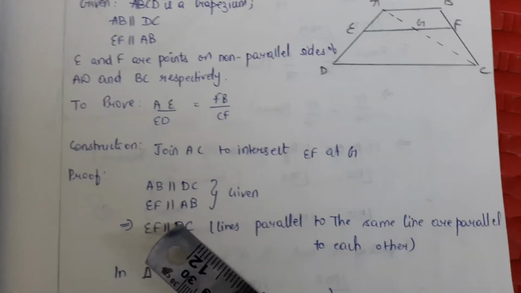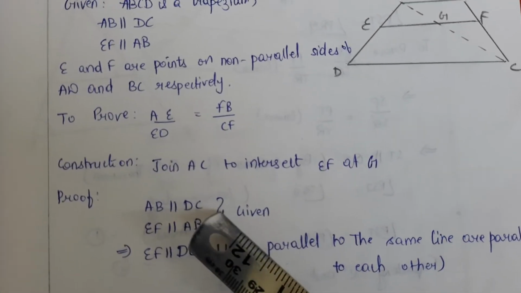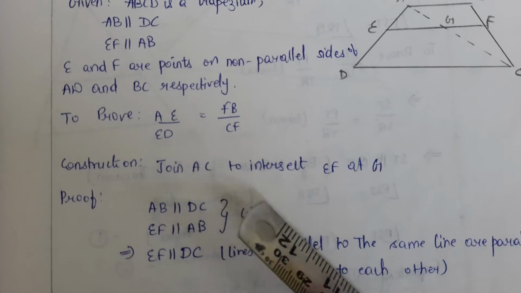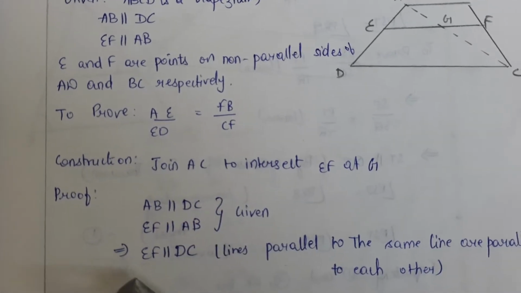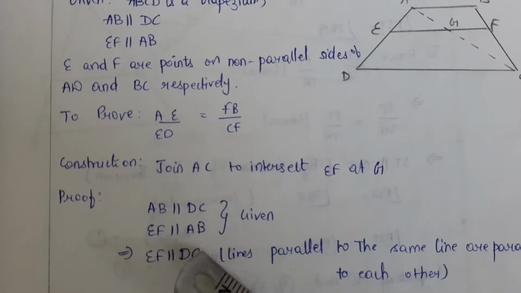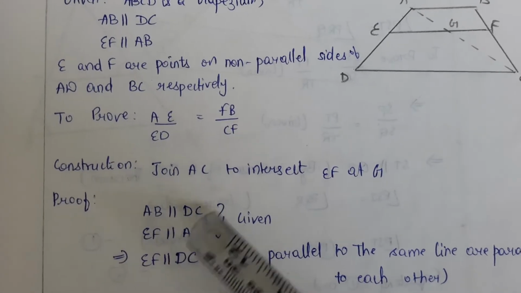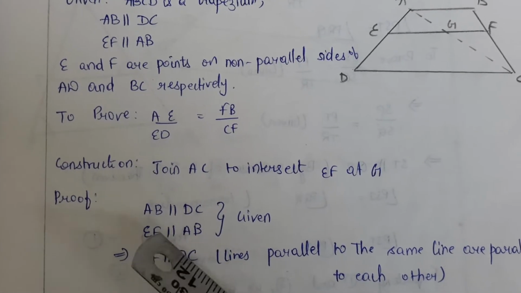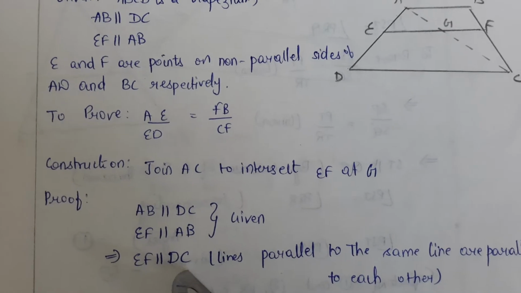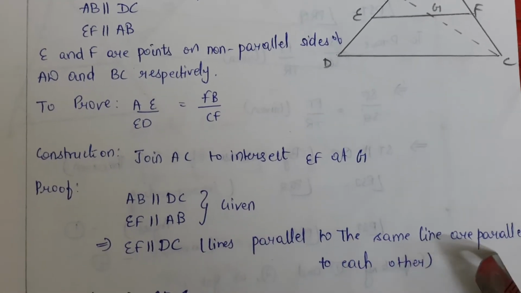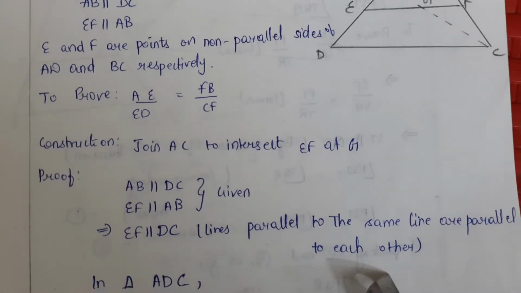So in the proof, AB is parallel to DC and EF is parallel to AB are given. So this implies EF is also parallel to DC. Lines parallel to the same line are parallel to each other.